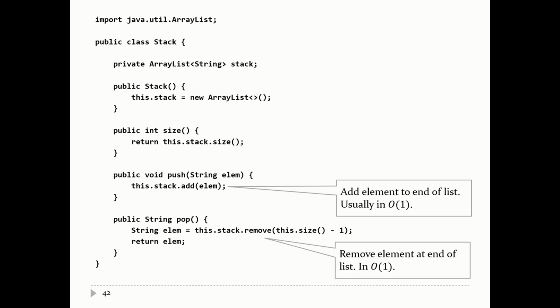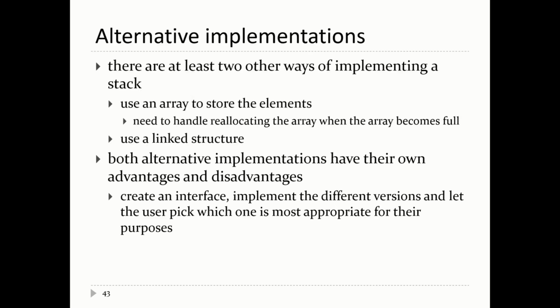You can use an array-based stack, a list-based stack, or a linked structure for the stack. And then you can let the users pick which one they want to use, because your different implementations all have different trade-offs and advantages. So you create an interface, implement the different versions, and let the users pick which is the most appropriate type for their purposes.